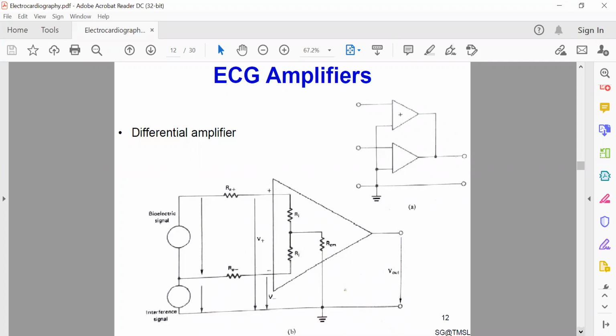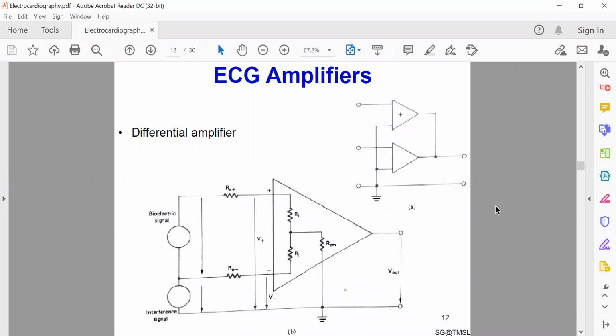The technique usually employed, not only in ECG but also in the measurement of other bioelectric signals, is the use of a differential amplifier: two amplifiers with separate inputs but with a common output which delivers the sum of the two amplifier output voltages.